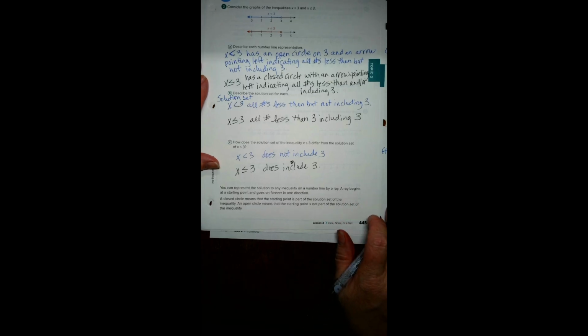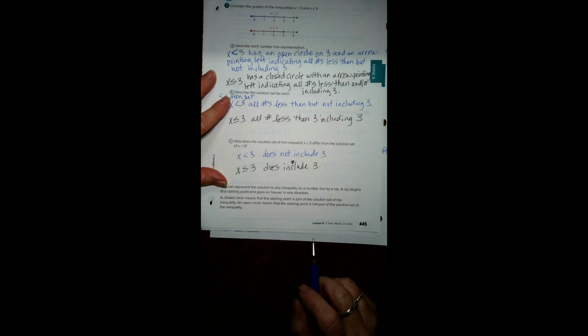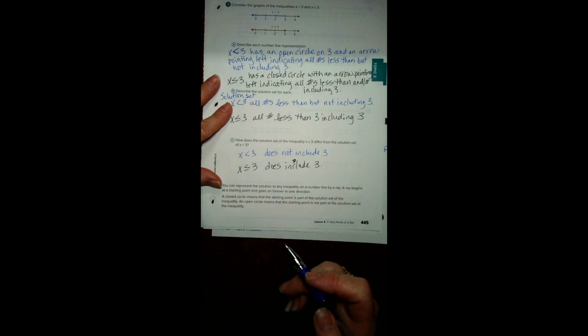You can represent the solution to an inequality on a number line by a ray. Every ray begins at a starting point and goes on forever in one direction. A closed circle means that the starting point is part of the solution set of the inequality. An open circle means that the starting point is not part of the solution set.